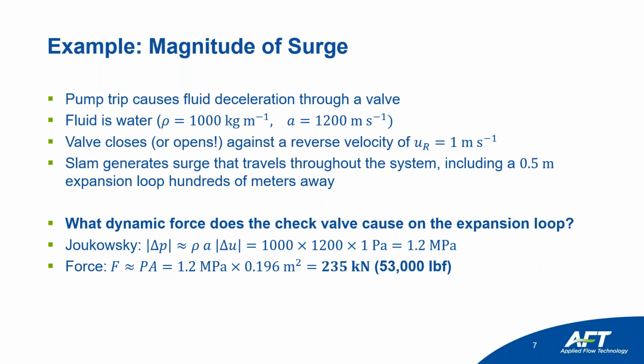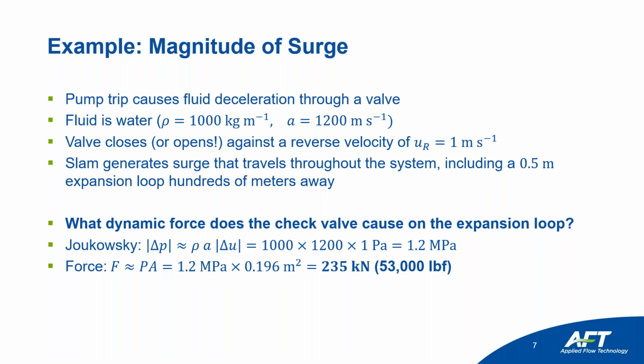And maybe somewhere else in the system, hundreds of meters away, there's an expansion loop that has a diameter of 0.5 meter. If you look at the forces on that, we can estimate that with the Joukowsky equation, what the pressure rises. That is just the fluid density and wave speed multiplied by this change in velocity.